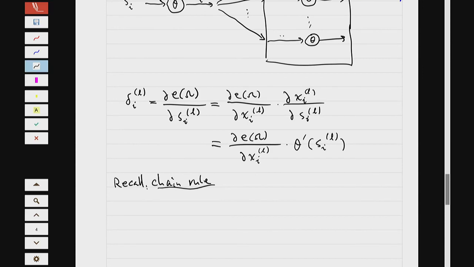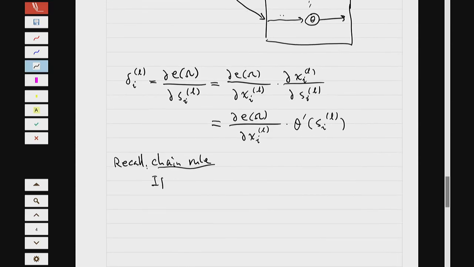That says, if I have a function, let's say z is equal to f of x, y, but then x itself is a function, say g, of some other variables, s and t. And then y is also another function, h of s and t. Then what is the chain rule?